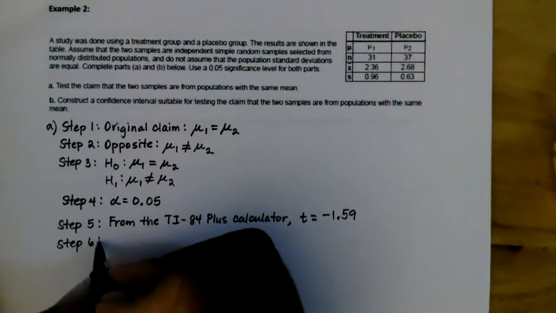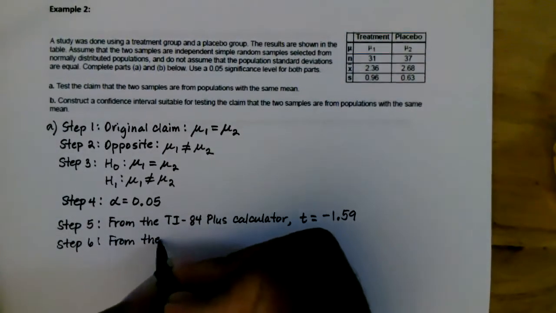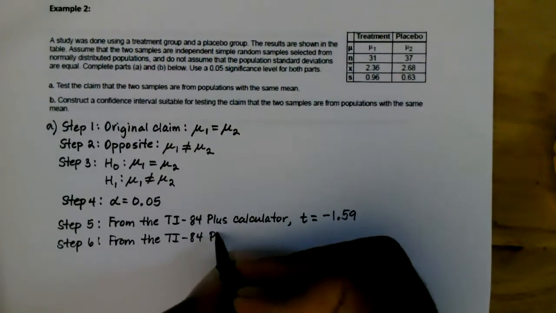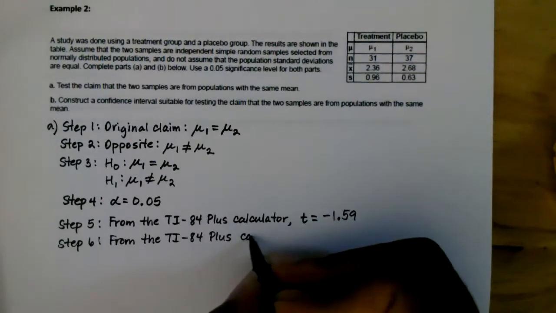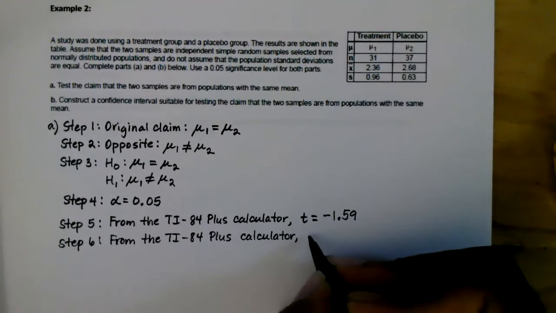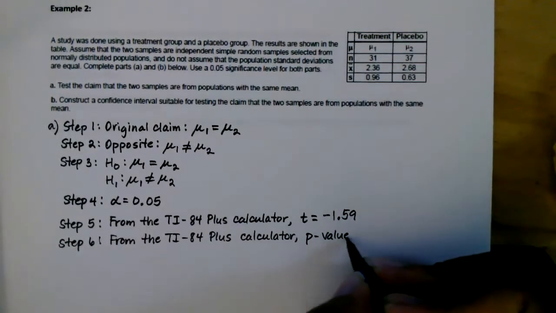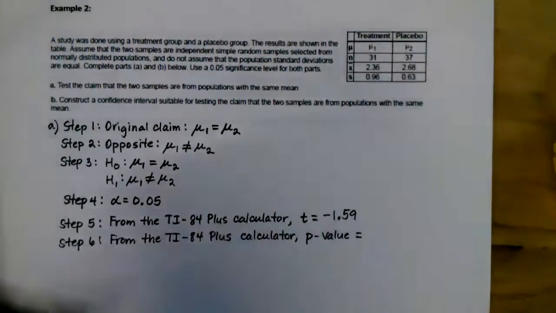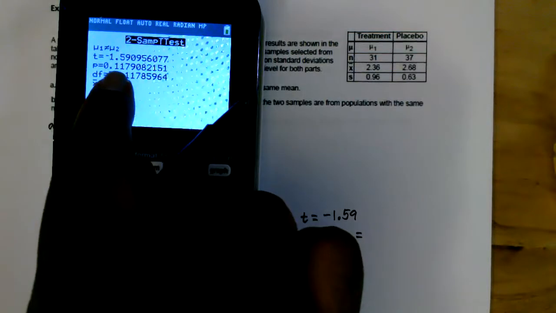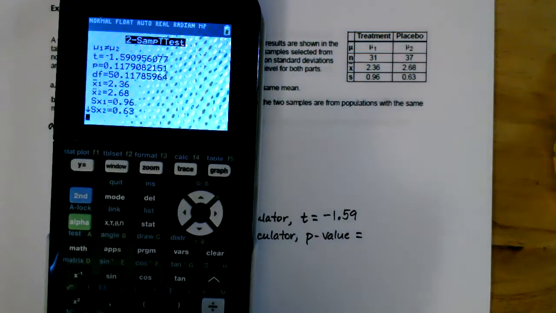So step 6, that's also going to come from the TI-84 calculator. So here the p-value is this. And we'll round to 3 decimal places. That's p. That represents the p-value in this case. And that would be 0.118.